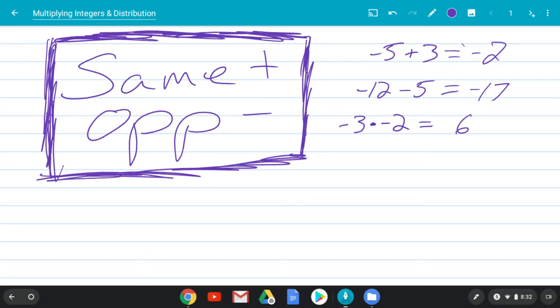See that? Whereas if my signs are opposite, for example, -3 times a +2 is going to give me a -6. Why? Because my signs are opposite. Therefore, my answer is negative.